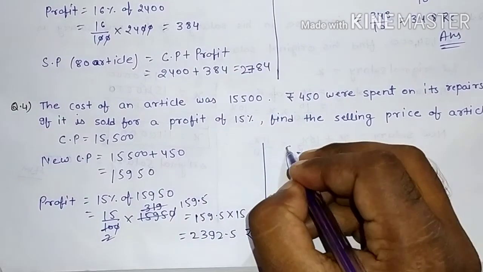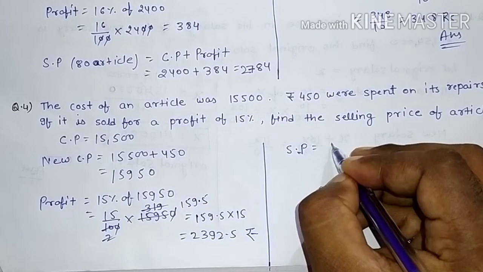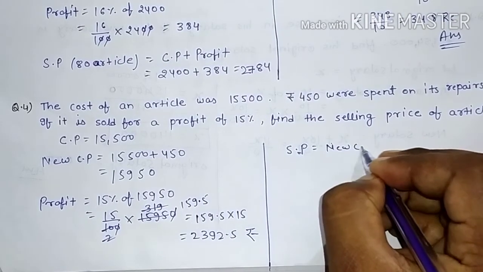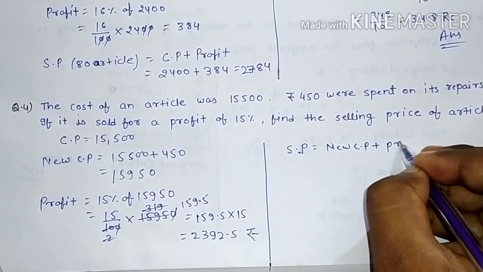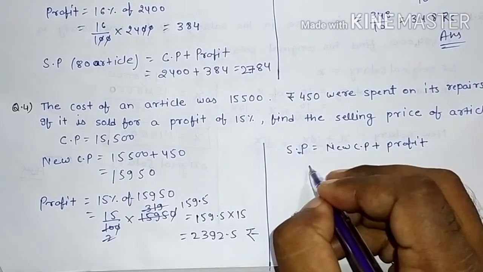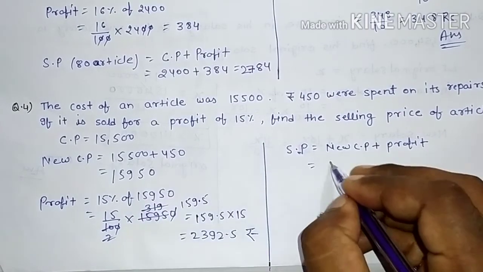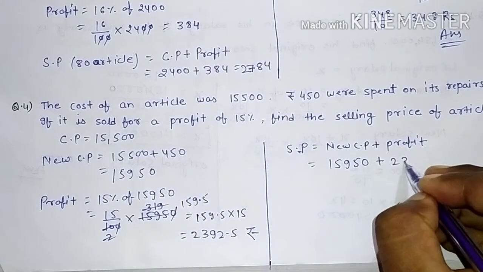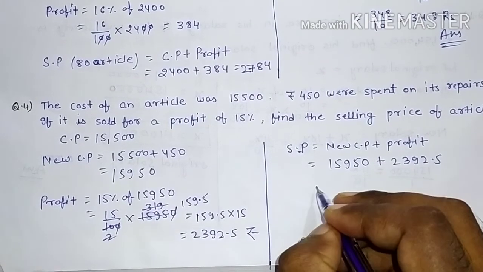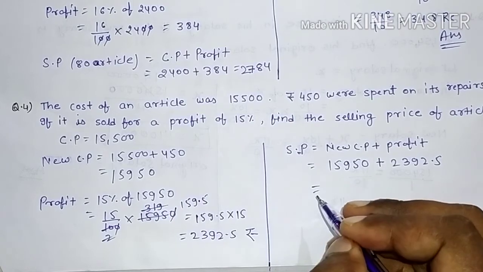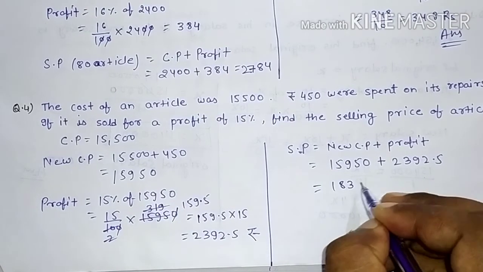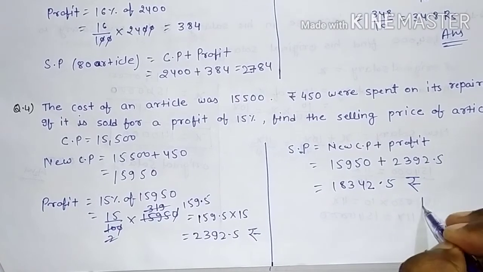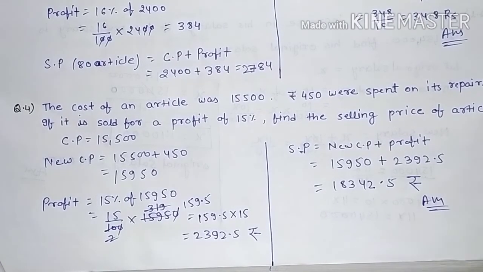So we know that SP is equal to new CP, here we can write, plus profit. So the new CP is 15,950 plus profit is 2392.5. So this equals 18,342.5 rupees. Now this is the answer, and it's very simple.